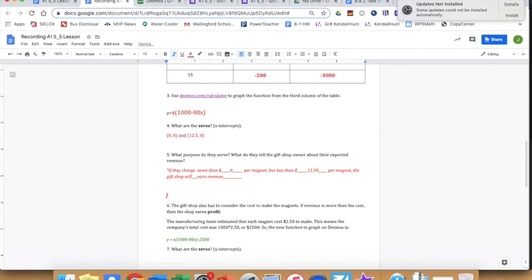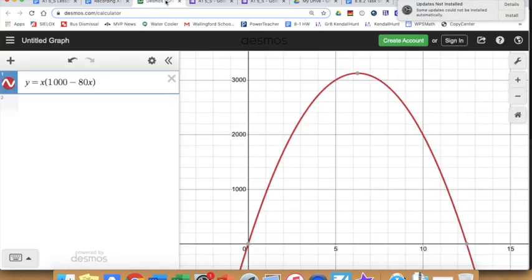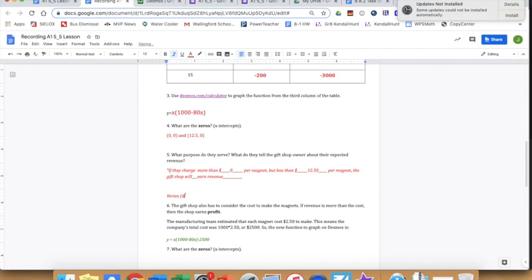So if they look at the vertex, this isn't part of the question, but just a bonus for you. The vertex is, let's see, it's my highest point. My vertex is (6.25, 3,125).